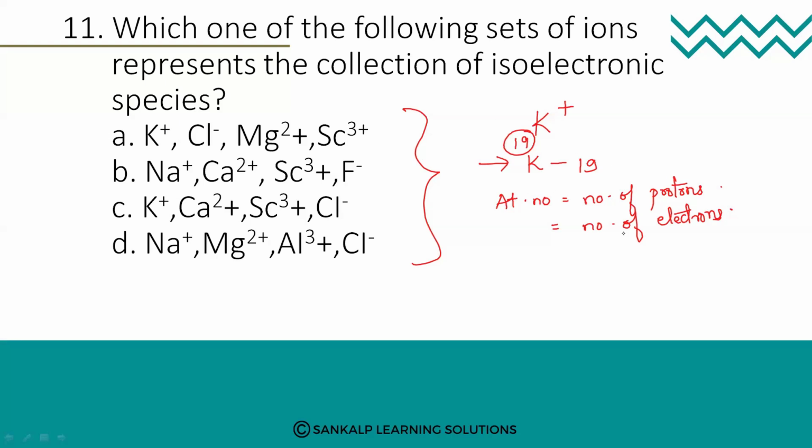So the number of electrons and the number of neutrons are what you have to calculate. Now here, plus means one electron is lost. So the number of electrons here is 18, because plus represents one electron lost. Now, when you are finding it for Cl, chlorine, what is the atomic number?